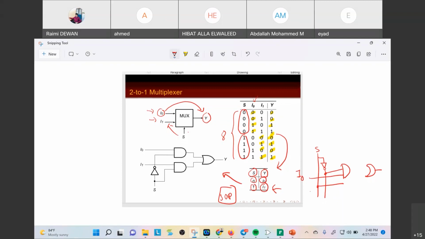So you have I1 here. And it is sum of products, so that's why it is like this. So quite simple actually. This one will be extended to much bigger multiplexers.